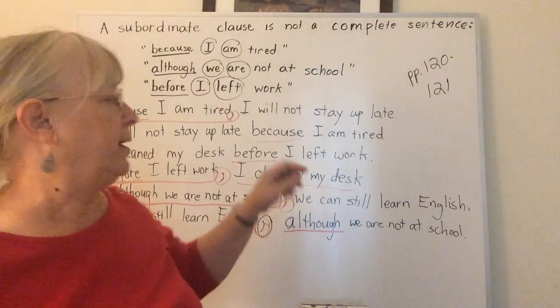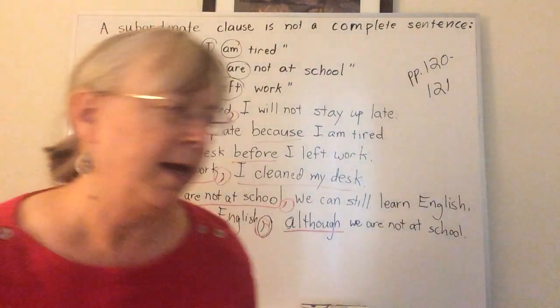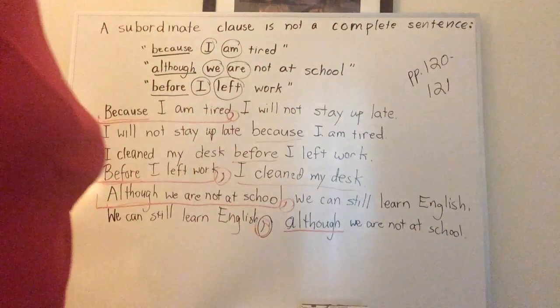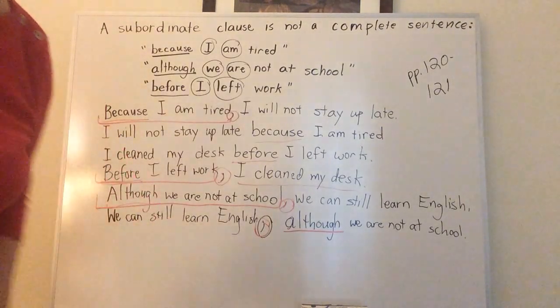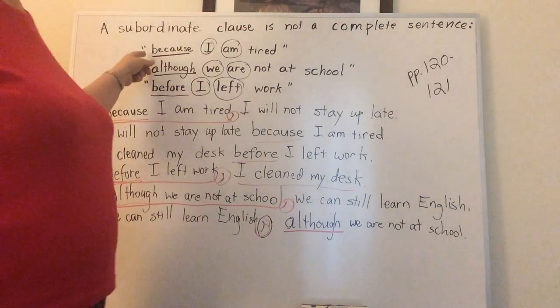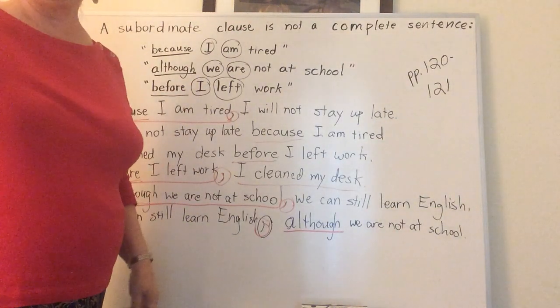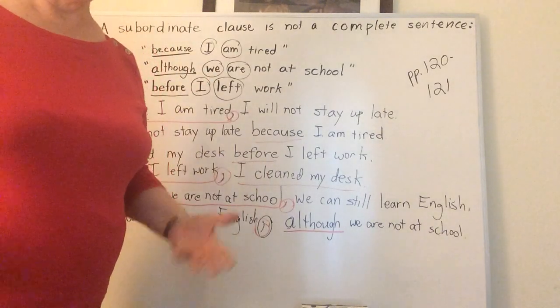So let's look now at the board, and then we will get to the book. Is that chair in the way? No, good. Okay, so a subordinate clause is not a complete sentence. If I come up to you and say, hello, because I am tired, you would say, what?